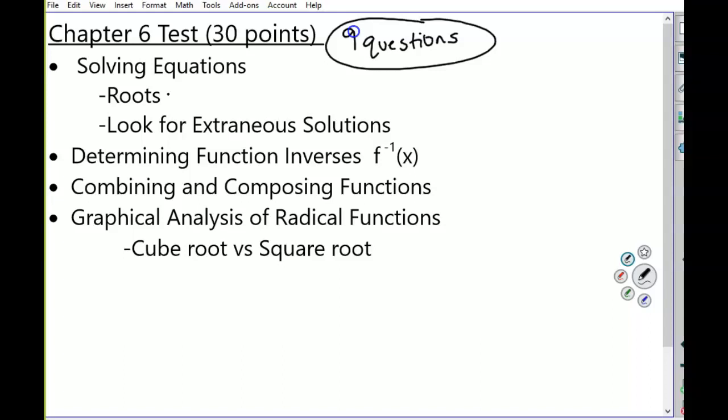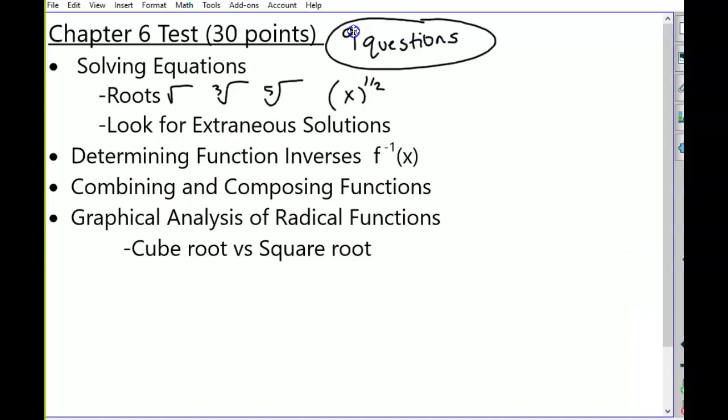So solving anything with a root, cube root, remember it could be fifth root, or it could be written like the fractional exponents. When you solve, you do have to check for extraneous solutions. All right? Determining inverse functions, we already did that in the warm-up. Combining and composing, this is the composite functions that we also did in the warm-up. And then graphical analysis of radical functions, cube versus square roots. That's what we just talked about.